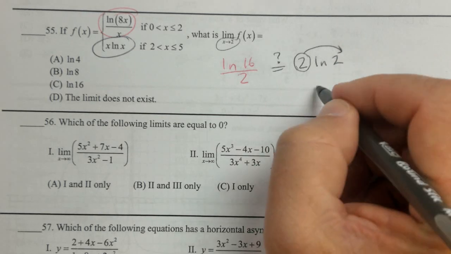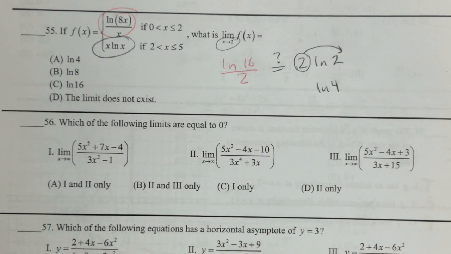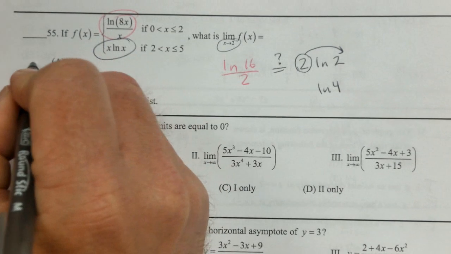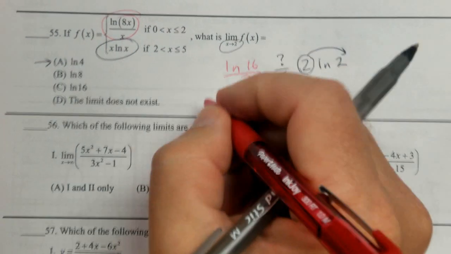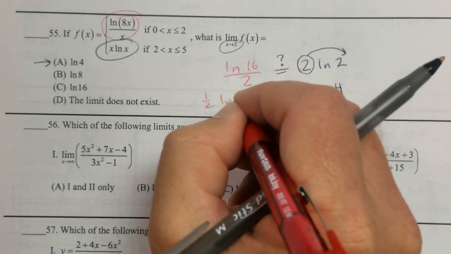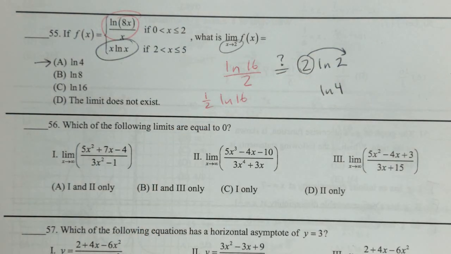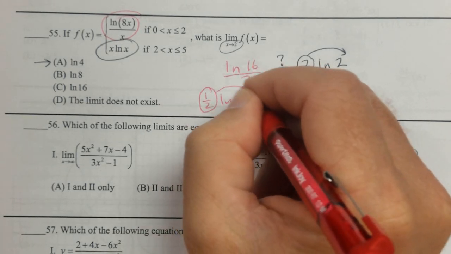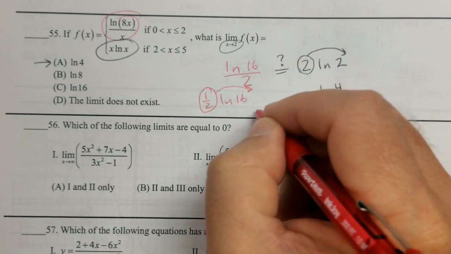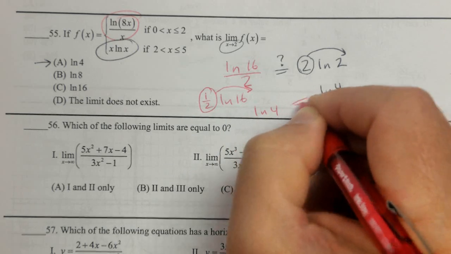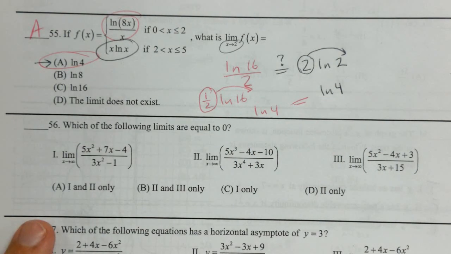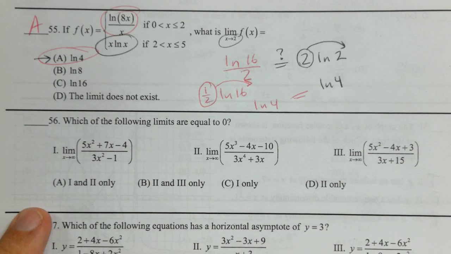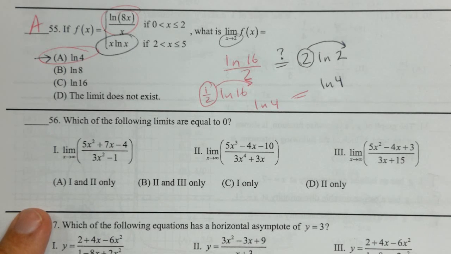Yeah, it can be that exponent. So that side could be natural log of 4, which maybe is our answer. On the left side, if I rewrote this as 1/2 natural log of 16, now the 1/2 can go up there. I square root the 16, and I get natural log of 4. You can boo that question if you like, because that's not testing your calculus knowledge. That's testing your properties of logs knowledge.